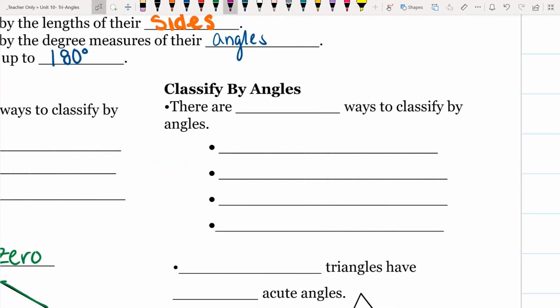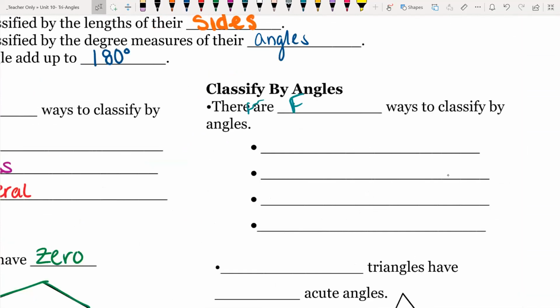There are four ways to classify them that way. The first one is an acute angle. So remember, an acute angle is less than 90 degrees.